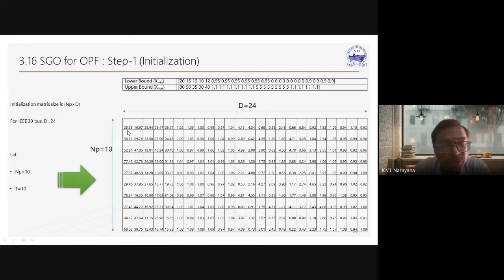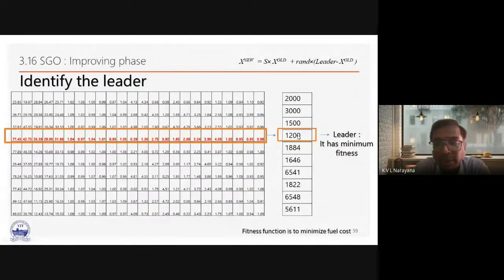So by substituting A, B, C and these values PG1, PG2, PG3, PG4, PG5, we get fitness values like 1200, 2000, 3000, and so on. For the first population member, the fitness value is 2000. For the second population member, the fitness value is 3000, and so on.